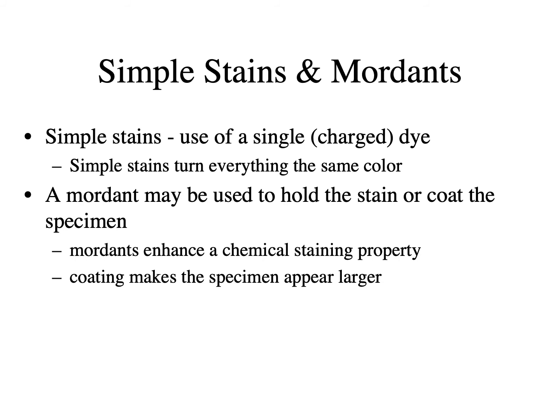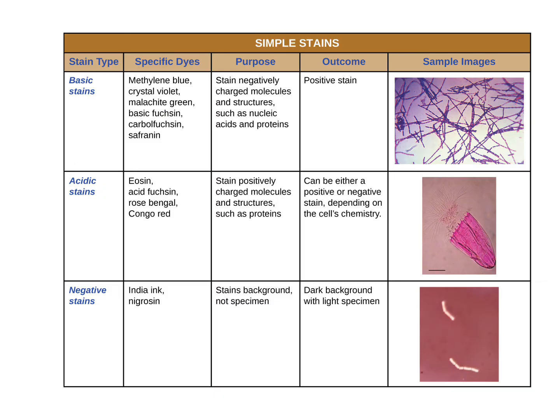It's element 53 on the periodic table, and whenever you add anything that big, it's going to coat things and make them look a lot bigger, which can be helpful for us. But think of a mordant as a special ingredient that enhances a stain. This is a good table from your book that gives you some examples of what the different chemicals are, but basically just think of a chemical attraction for simple stains.